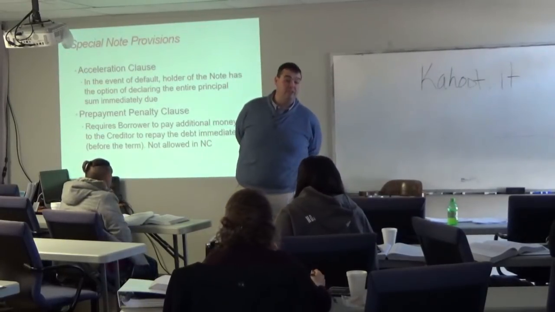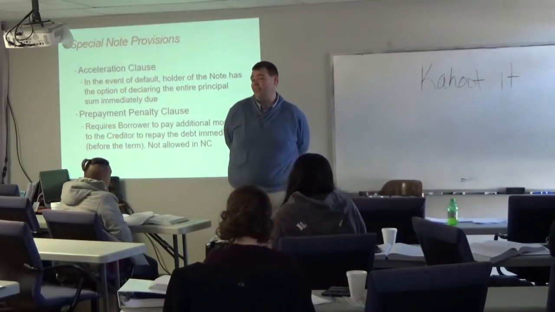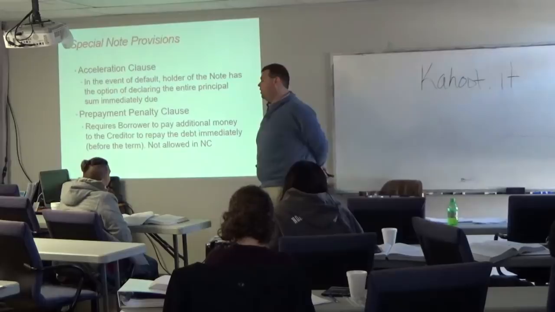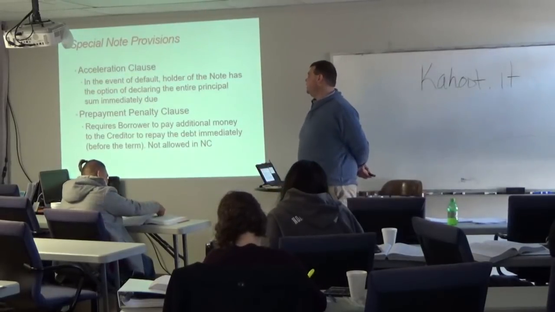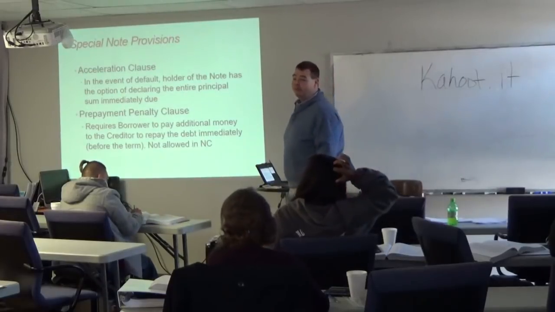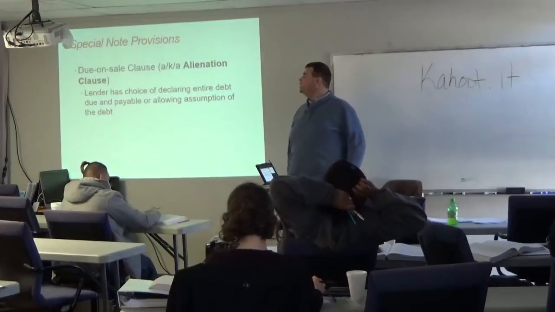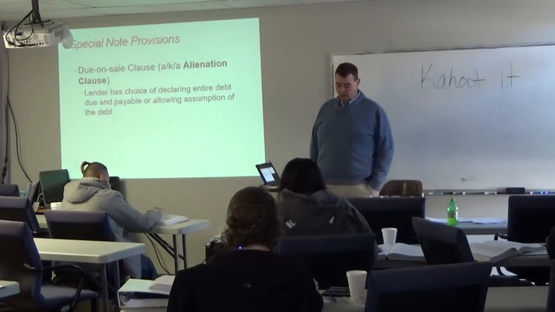Otherwise, you'd have to pay a penalty, because selling your house is paying the note off early, right? Part of selling the house is paying the note off. So these are very rare. Very rare. And they are not allowed on most residential mortgages in North Carolina anyway. So there's another reason they're rare. They're not allowed.